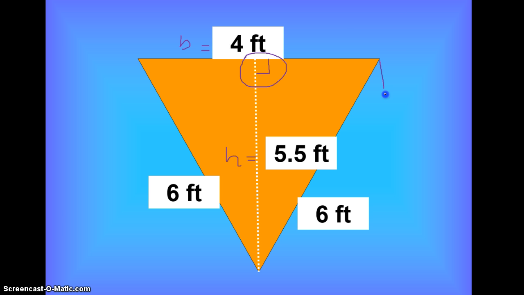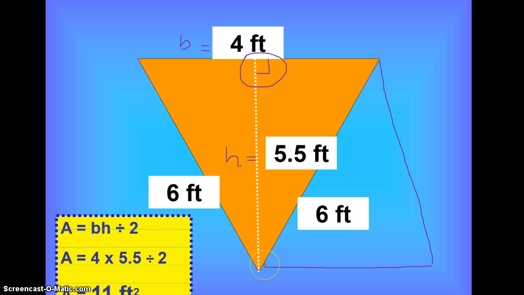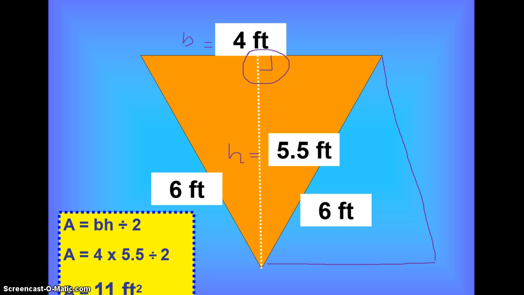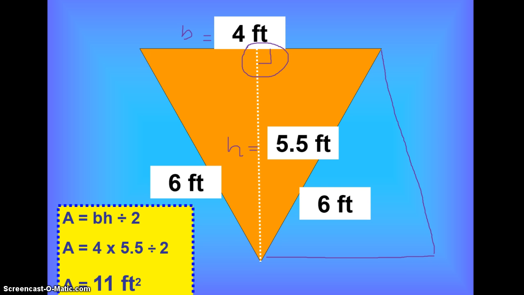We're going to multiply the two together, but that gives us what it would be if it was a parallelogram, which it is not. It is half the size. So we're going to take the base and the height, or 4 times 5.5, take that number and divide it by 2. We get an area of 11 feet squared.